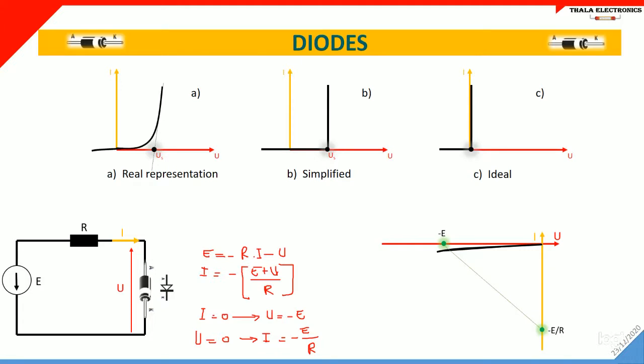What can we keep in mind with this representation? In this case, as you can see here, there is only a small leakage current, normally measured in microamperes. That means in reverse voltage, the diode should block any current.